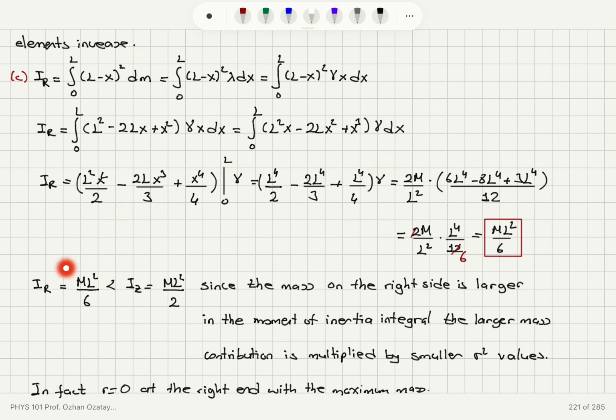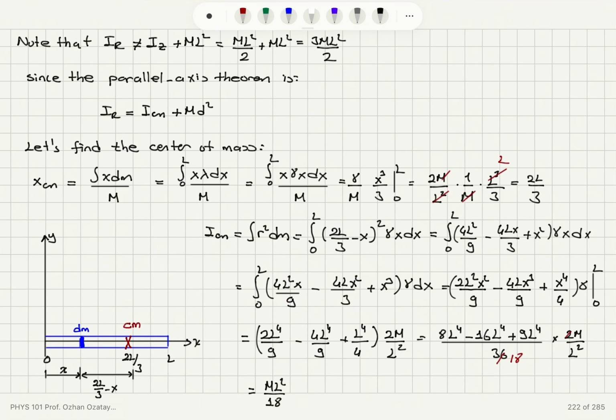And we find that when we put it at the right side, it is less than mL squared over 2 at the left, because the largest masses will have smaller distances r. In fact, r equal to 0 corresponds to the maximum mass with 0 contribution because r squared dm will be 0.